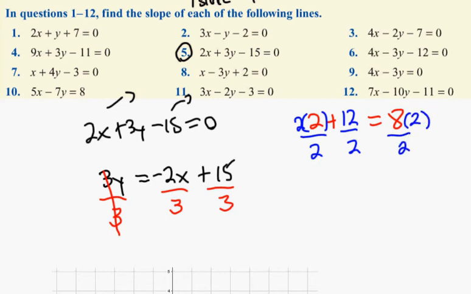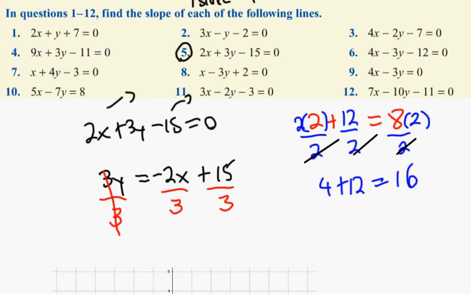I can cancel everything this way and turn that back into a 6, or I can cancel everything this way, and you'll see the balance appear again. 2 times 2, 4 plus 12 equals 16. So the balance is maintained with all 3 of those methods.